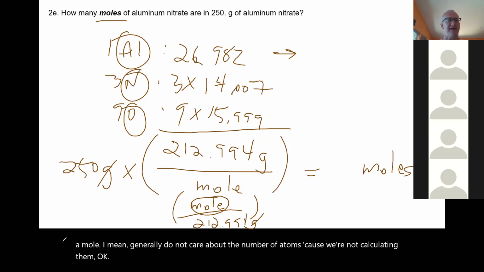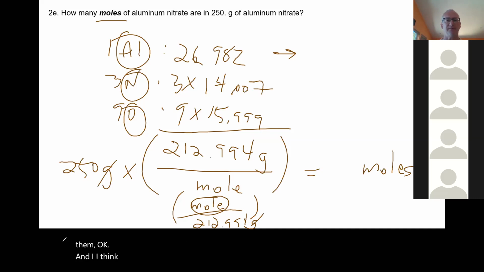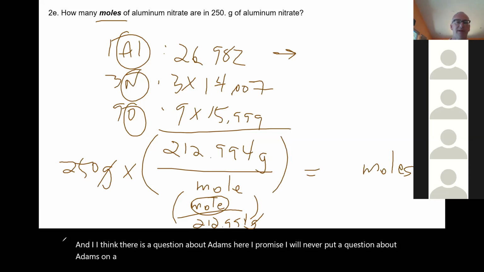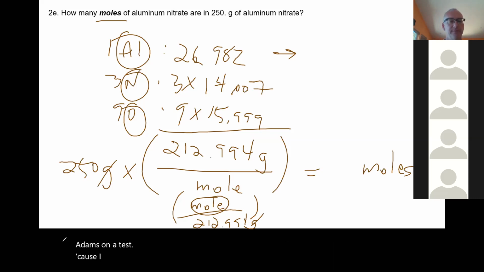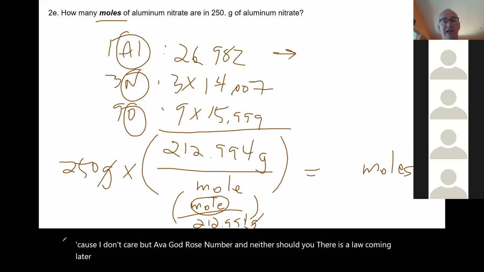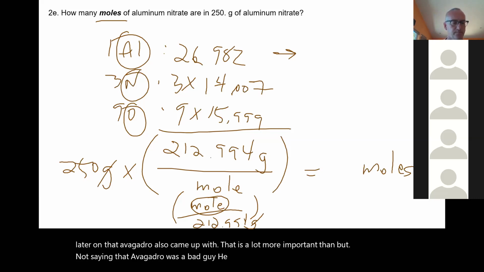And I apologize, I think there is a question about atoms in here. I promise I will never put a question about atoms on a test because I don't care about Avogadro's number, and neither should you. There is a law coming later on that Avogadro also came up with that is a lot more important than that. But I'm not saying that Avogadro was a bad guy. He did a lot of cool stuff.